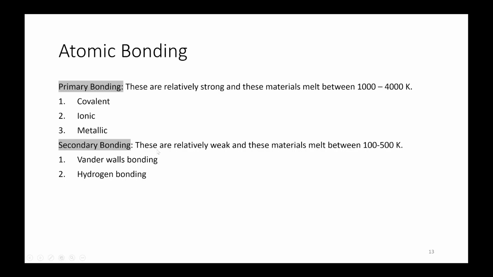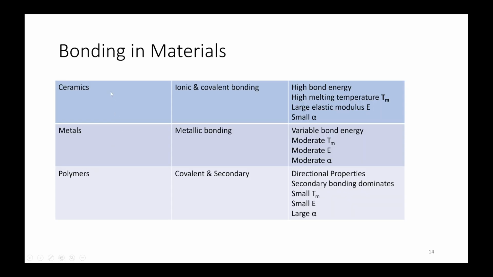Secondary bonding, these are relatively weak and these materials melt between 100 to 500 Kelvin. Now these can be van der Waals bonding and hydrogen bonding.